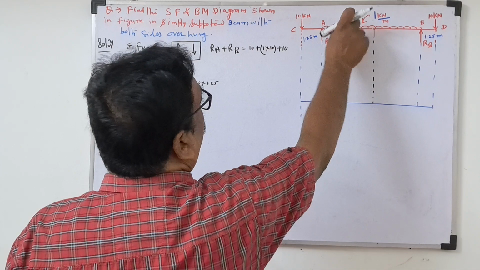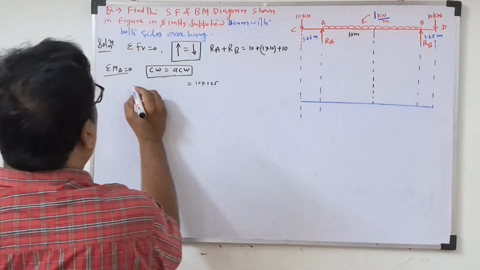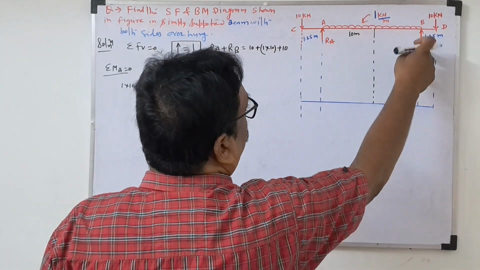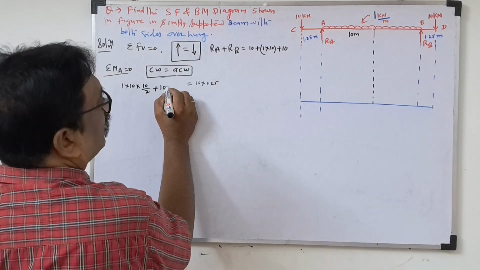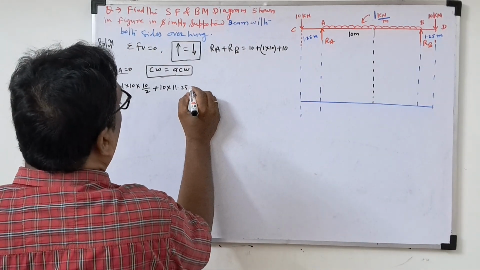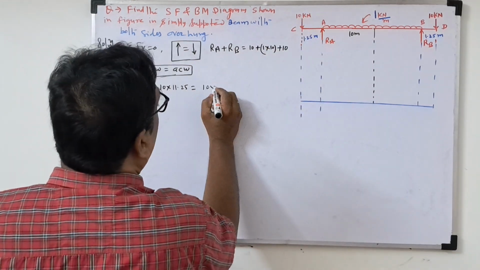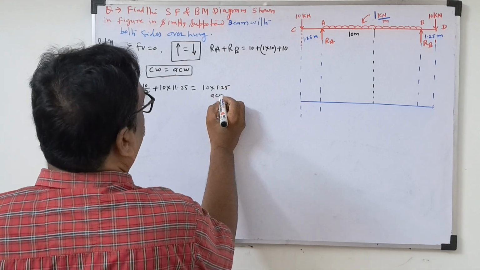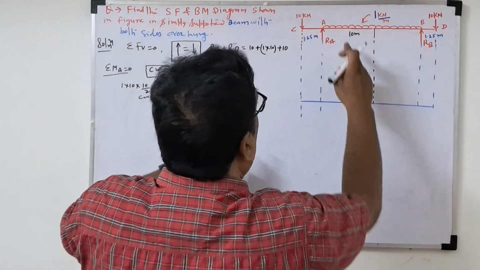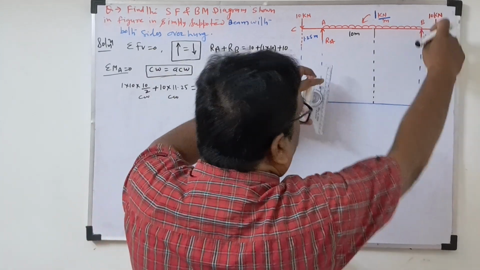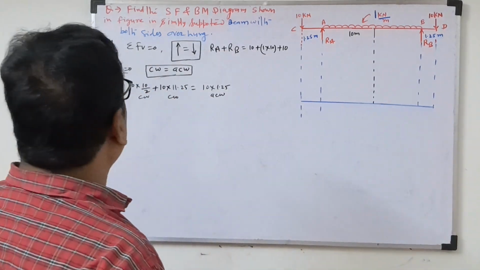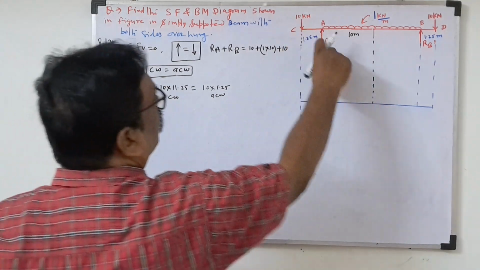Then taking moment about A, this is clockwise: UDL 1 into 10 into 10 by 2, that is 5, then this 10 force into perpendicular distance, 10 plus 1.25, 11.25.